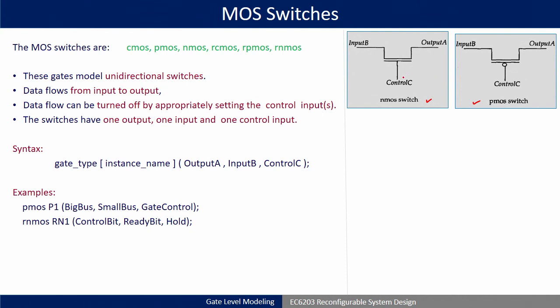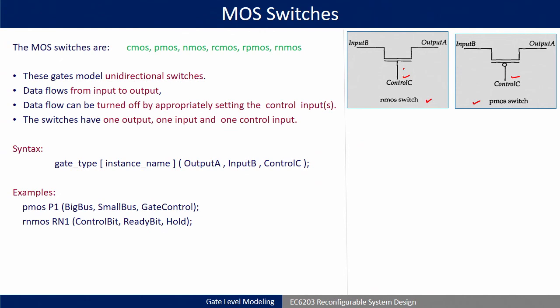Whenever the appropriate control signal is given respectively in NMOS and PMOS, the data will travel from the input towards your output. Okay. In this case we have to give active high, and in PMOS we have to give active low. The data flows from input to output, and you are also able to turn it off. That means it will also have a state of Z if you are not giving appropriate control inputs.